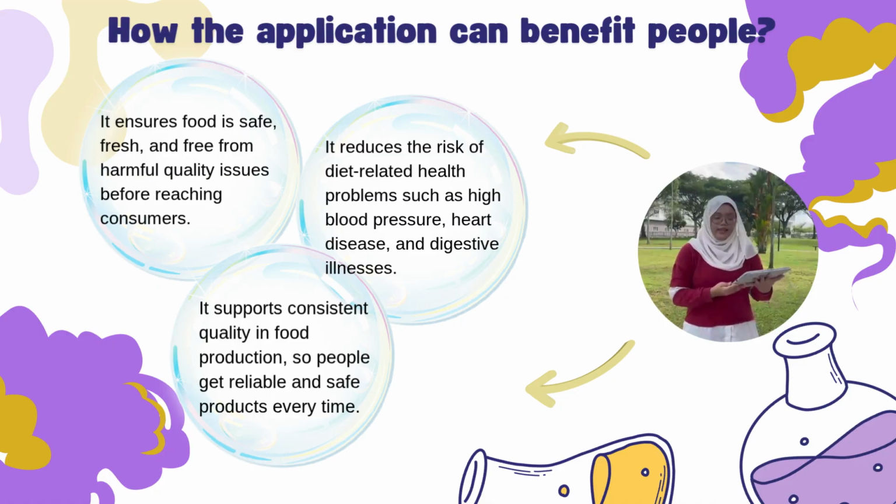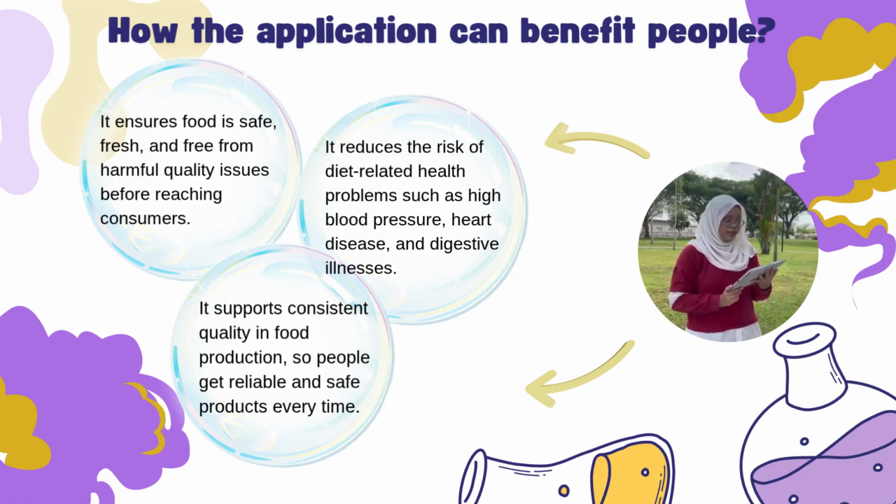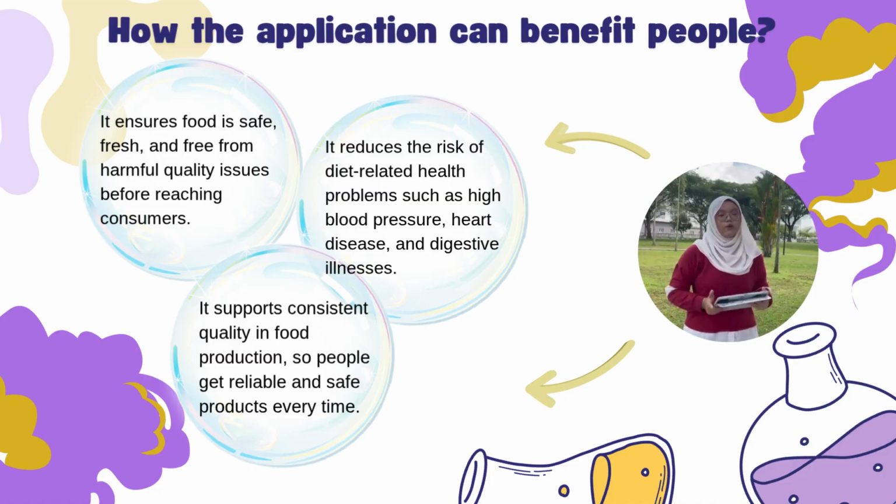Besides that, it also supports consistent quality in food production, so people get reliable and safe products every time. It benefits food manufacturers by allowing producers to monitor and evaluate their products more efficiently.